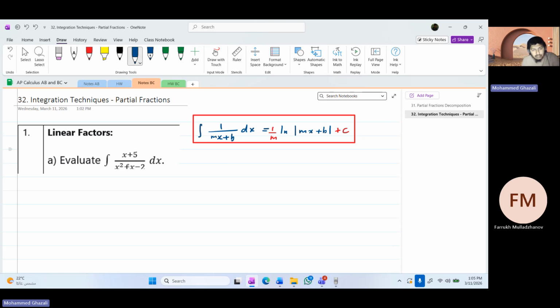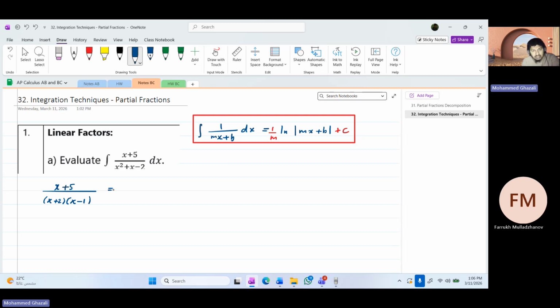Now, let us decompose this. Obviously, we need to factor the denominator. If we factor the denominator, that will be x plus 2 into x minus 1. You can see plus 2 minus 1 gives us plus x.